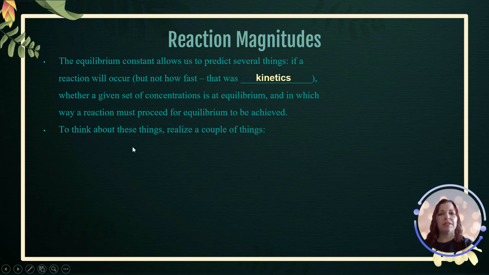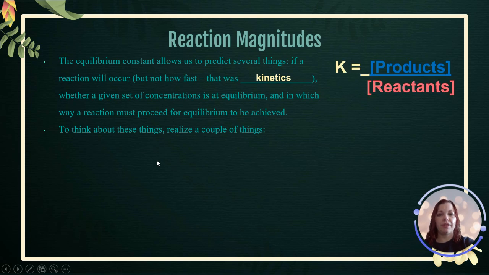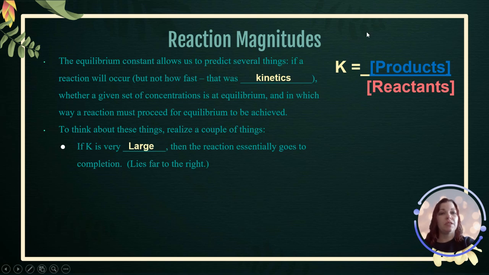So to think about these things, realize a couple of factors. First of all, remember that your K is equal to your concentration of products over your concentration of reactants. And I know I'm sounding like a broken record, but it's just so important in reasoning through equilibrium that you remember that relationship. So if K is very large, then that means that your numerator is larger, which means that your reaction essentially goes to completion or lies far to the right.